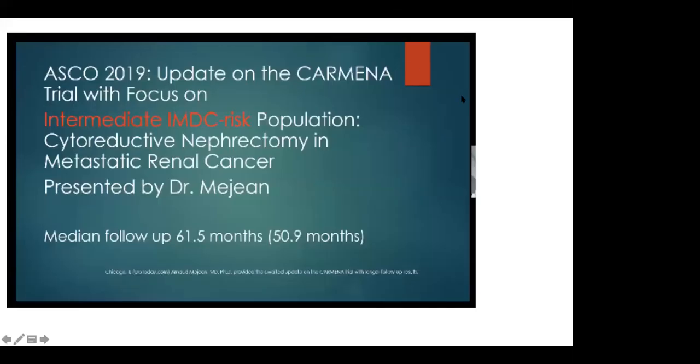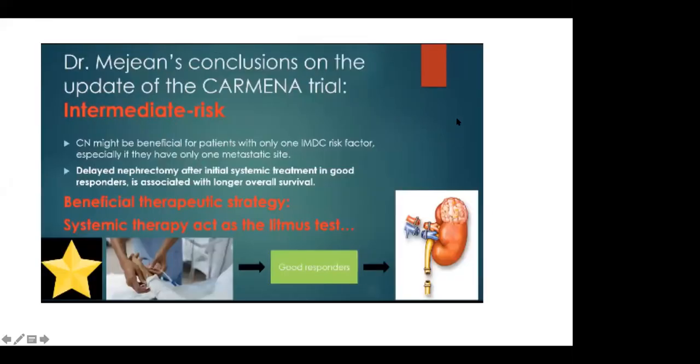So ASCO came up very recently after this, in 2019, with an intermediate IMDC risk population, a subset of that with a median follow-up of 61.5 months. That study suggested, and this is something I just learned 2 days back during a webinar we were doing, that cytoreductive nephrectomy can be beneficial with only one IMDC risk factor, especially if they have only one metastatic site.